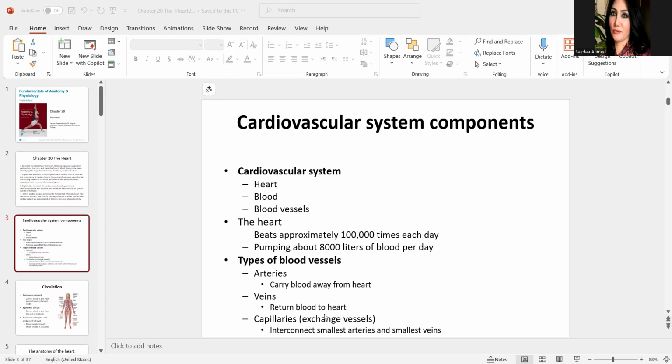Capillaries are microscopic thin-walled vessels that interconnect the smallest arteries and the smallest veins. Exchange of nutrients and dissolved gases, called gas exchange, and waste between the blood and surrounding tissues occurs through their thin walls.